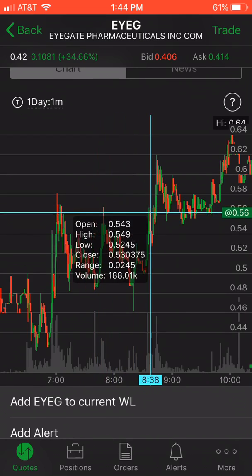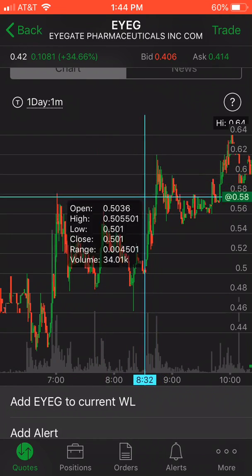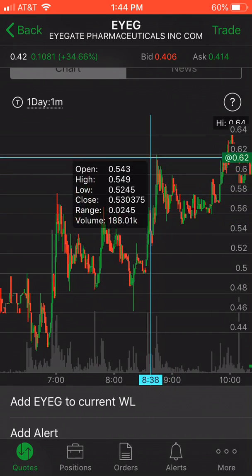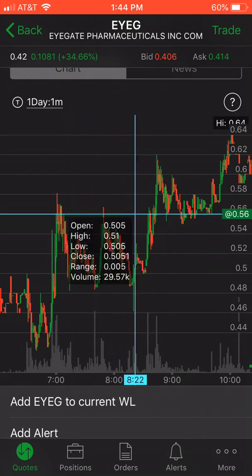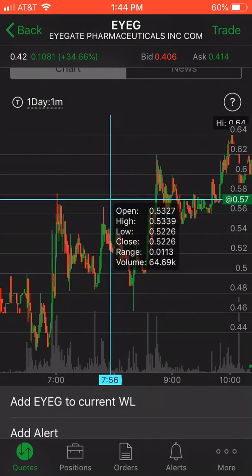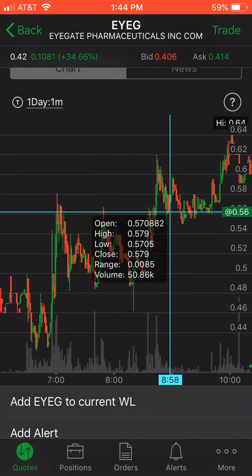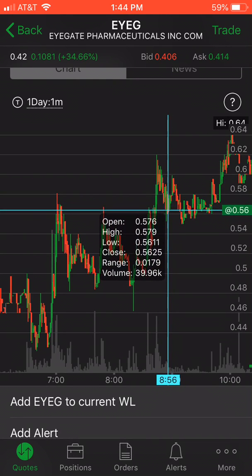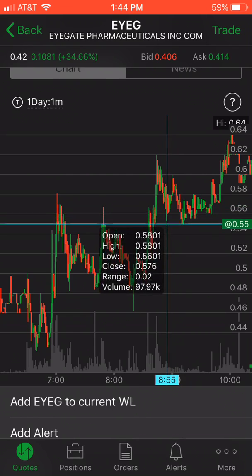That's resistance, but now it broke out past that, so that's a breakout. Now on the pullback, with a successful breakout, the former resistance should act as support. So the price was not really going lower than 57, 56 cents.